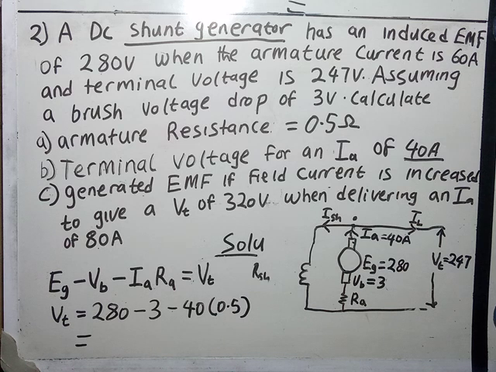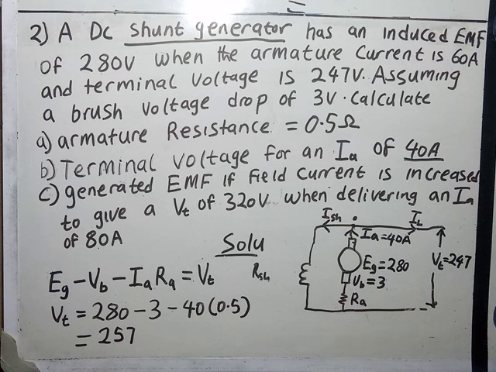Now with our calculator we input this: 280 minus 3 minus 40 times 0.5. This will give us 257.